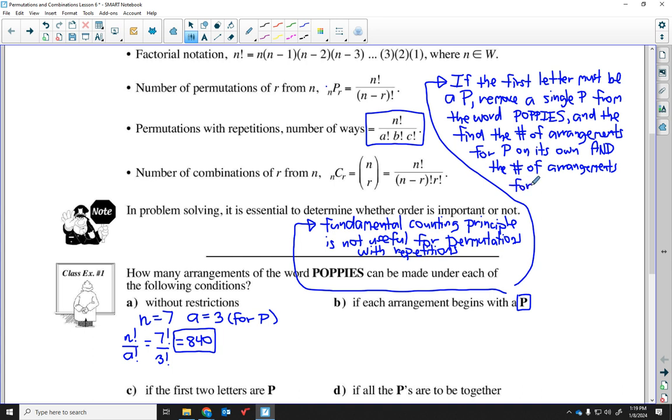So let's just pretend we take away the first P. So if I take away that first P, then the remaining phrase we'd have right there would be oppies.